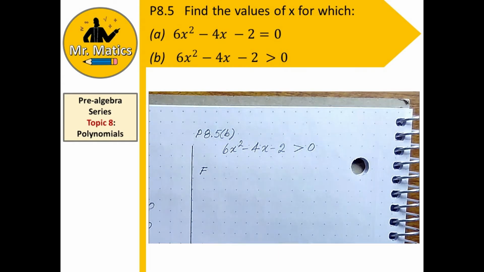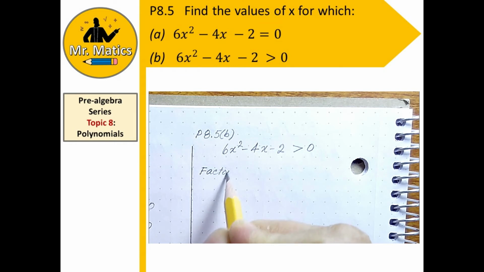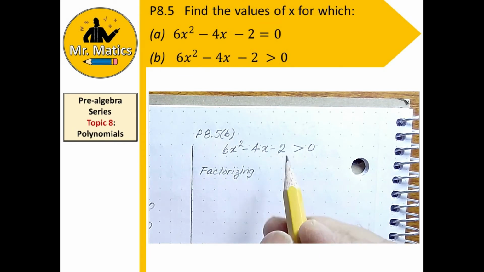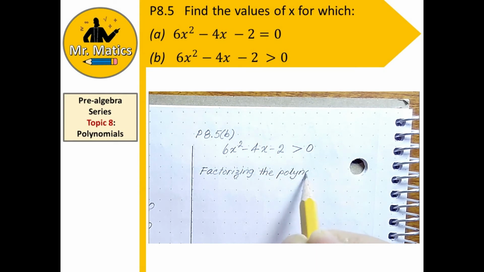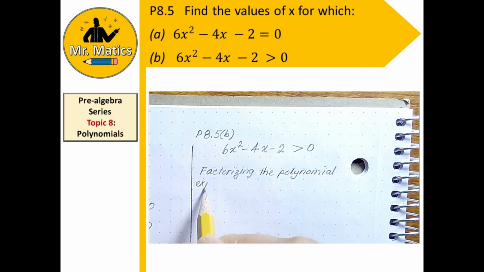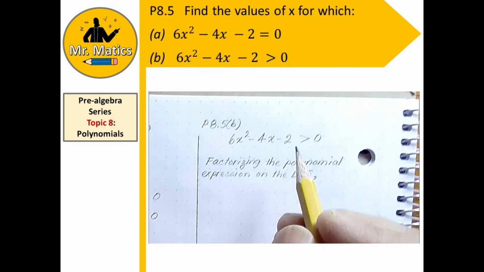So we write factorizing the polynomial expression on the left hand side, or LHS.